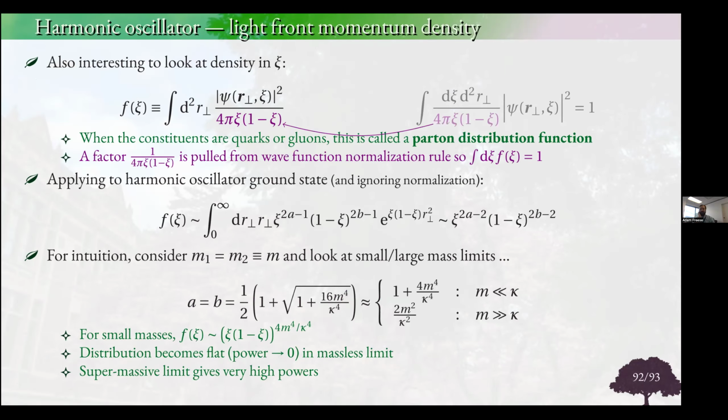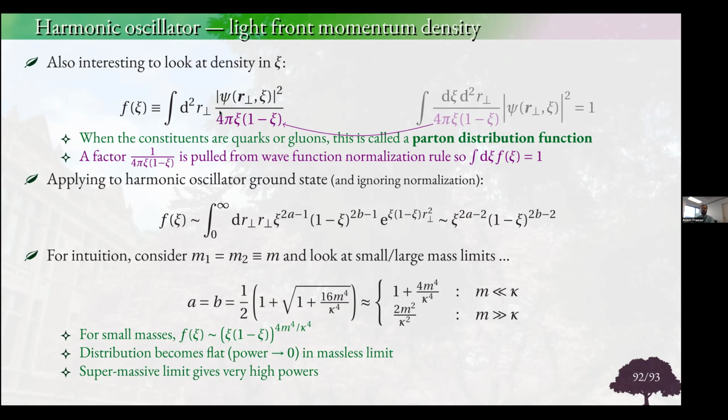Now, one last thing I want to look at. This is going to be a fairly short lecture, I guess, to make up for all the other times I went overtime. It's also interesting to look at the density in xi. The xi density is defined by integrating out your other variable dependence, in this case, your r perp.